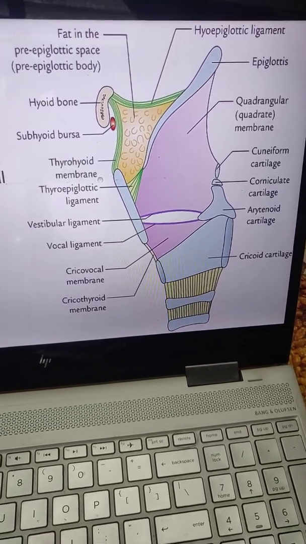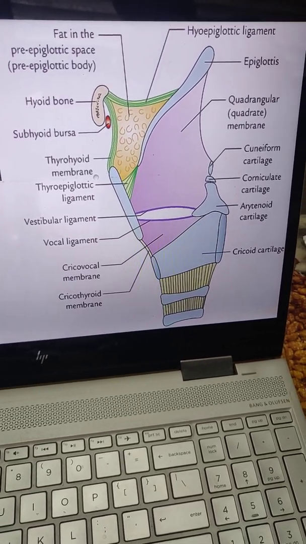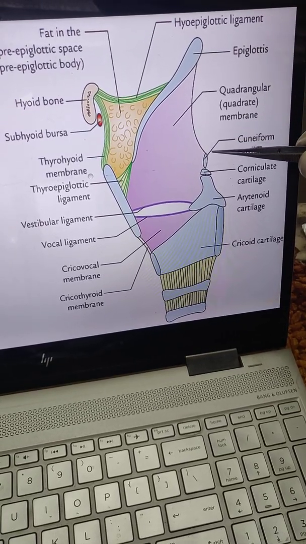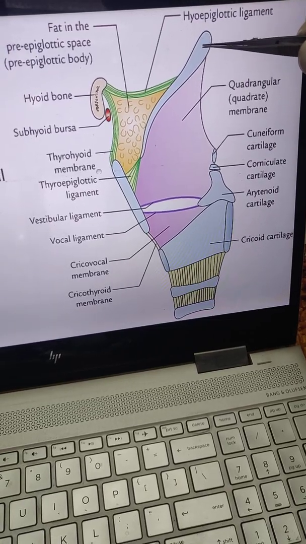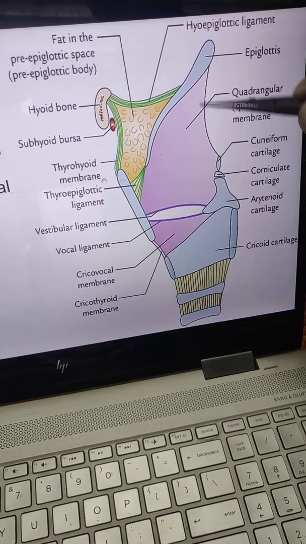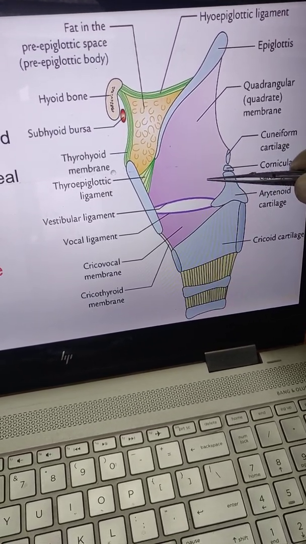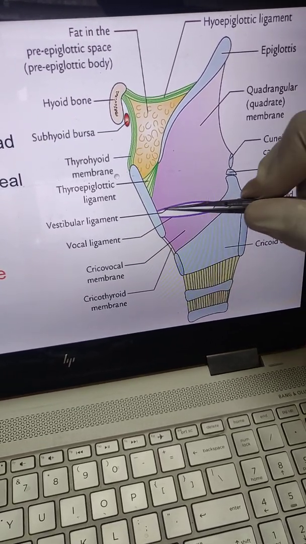The intrinsic ligaments and membranes lie inside the laryngeal cavity. One is quadrangular in shape. It is called the quadrate membrane, or also the cricoarytenoid membrane. So the quadrate membrane, and the most lower part of the fold makes the vestibular ligament.